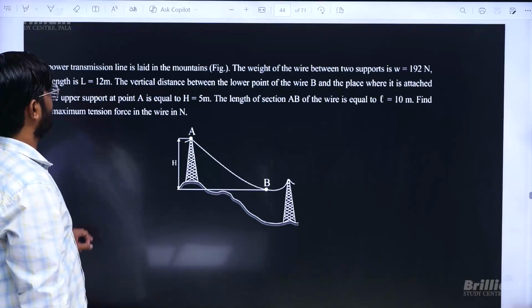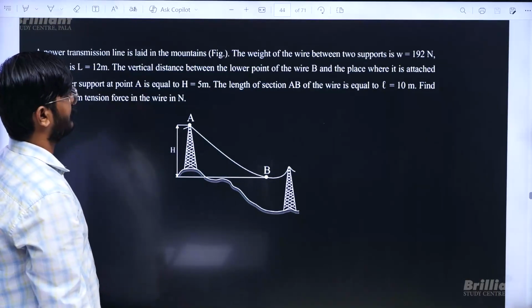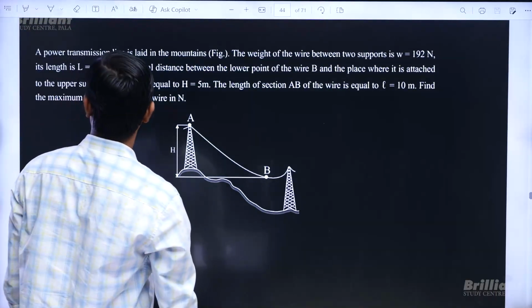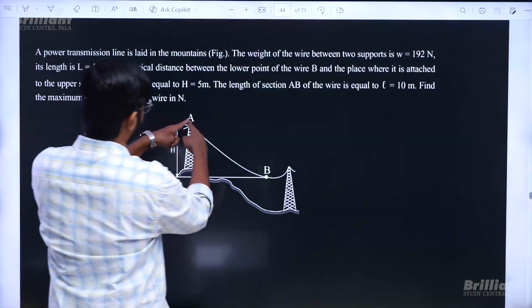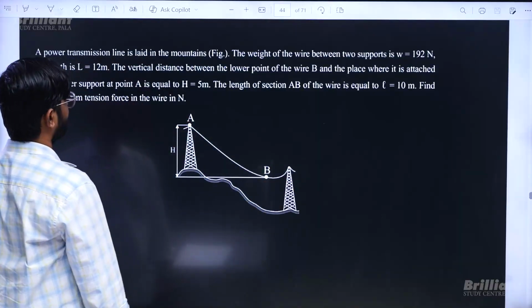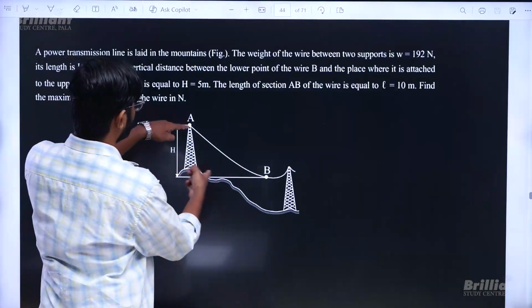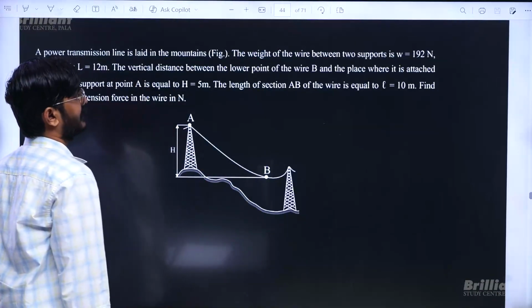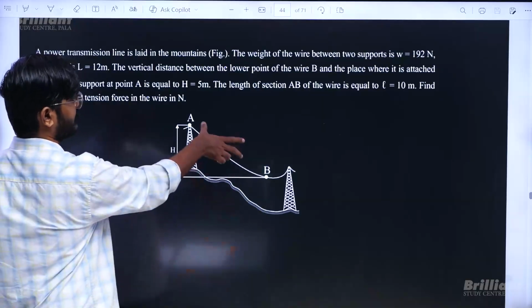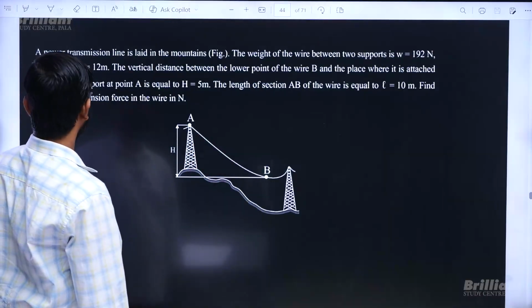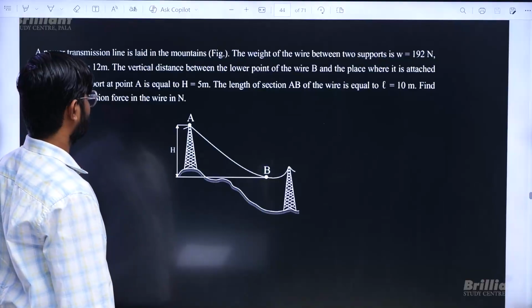A power transmission line is laid in mountains. The weight of the wire between the supports is 192 units and its length is 12 meter. The vertical distance between the highest and lowest point is equal to 5 meter. The length of the section AB is equal to 10 meters. Find the maximum tension force in the wire.